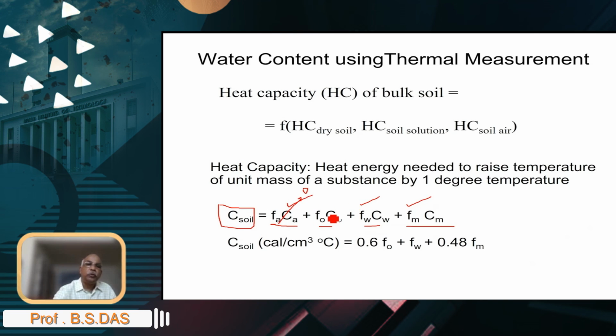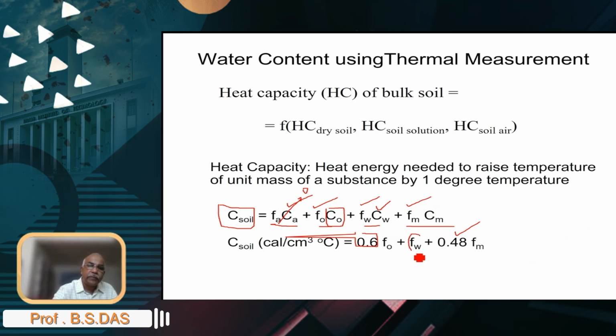You can know how much organic matter is there, and from the tables you can find the heat capacity of the organic matter. It's about 0.6 calories per centimeter cube per degree centigrade. You already know the heat capacity of water is unity, and the heat capacity of the mineral phase is 0.48 calories per centimeter cube per degree centigrade.